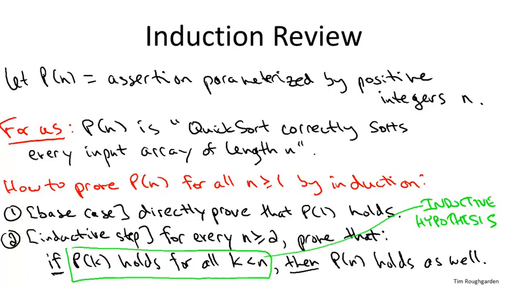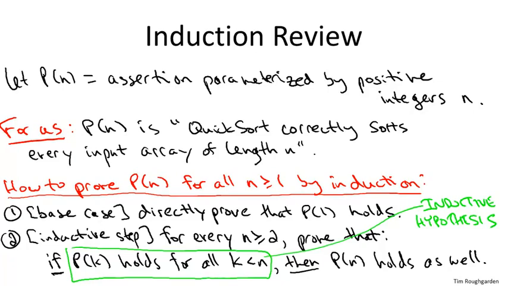So for any given n that you care about, the way you can derive that from 1 and 2 is you just start from the base case, P of 1 holds, then you apply the inductive step n minus 1 times, and boom, you've got it. So you know that P holds for the integer n that you care about as well. And that's true for arbitrarily large values of n. So those are proofs by induction in general.